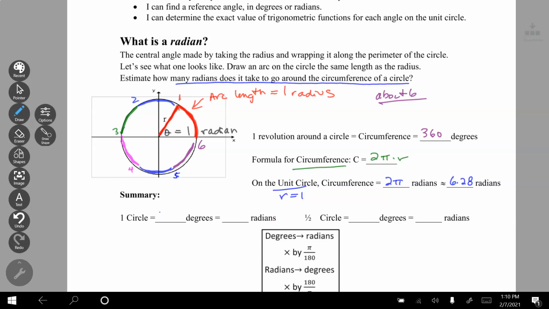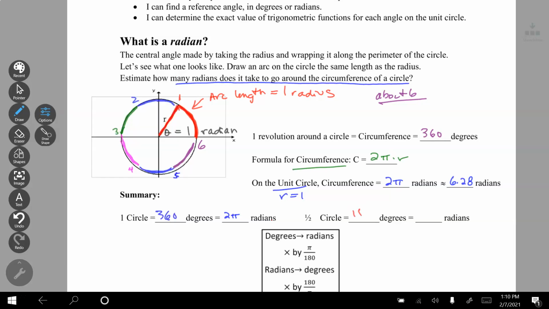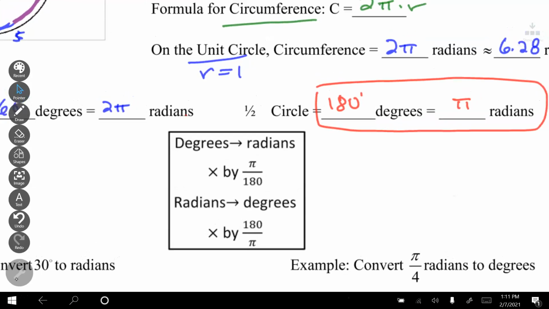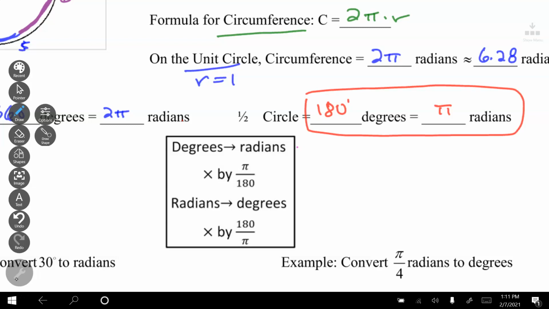So again, one circle is 360 degrees, or 2 pi radians, or a half circle, a semicircle, is 180 degrees, which is pi radians. I'm going to use this as my conversion factor. So when we go from degrees to radians, I take my degrees, I multiply by pi, and I divide by 180.